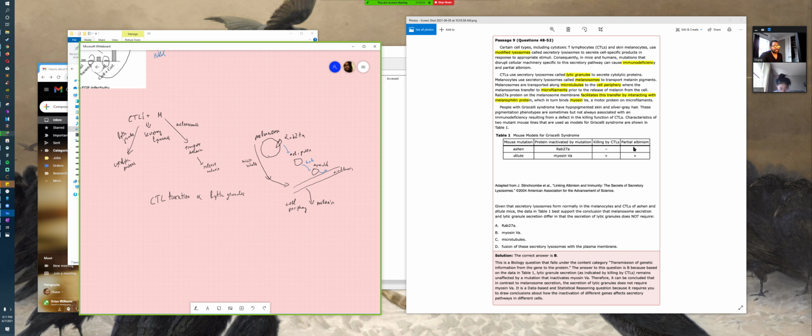Since both of these mutants have partial albinism, they're talking about the lytic granules. So this question, microtubules and this part, wouldn't even relate. But they could ask you about microtubules if we had a table that had someone without partial albinism.